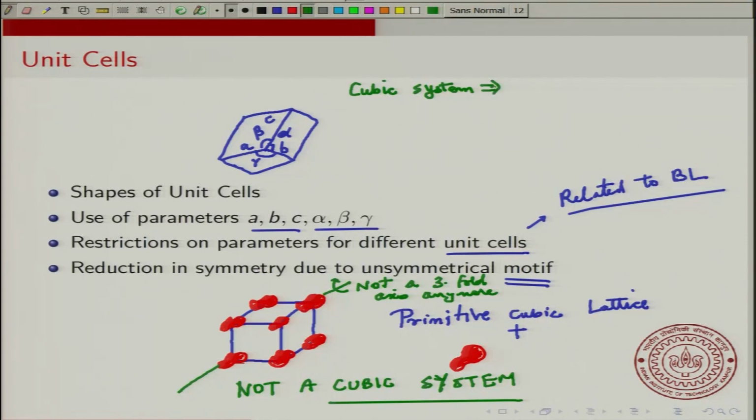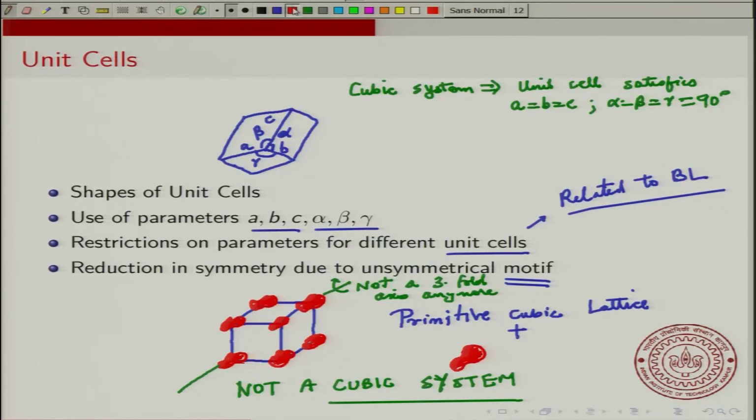implies that the unit cell satisfies A equal to B equal to C and alpha equal to beta equal to gamma equal to 90 degrees. However, this is not sufficient.